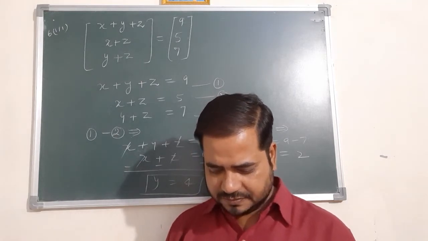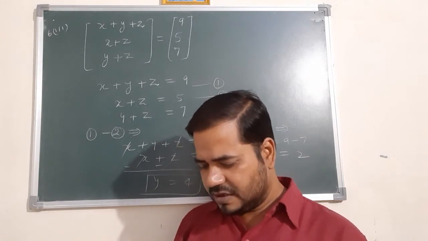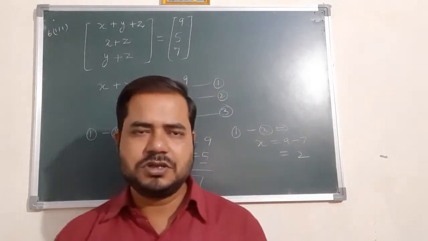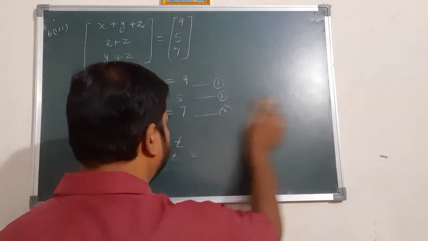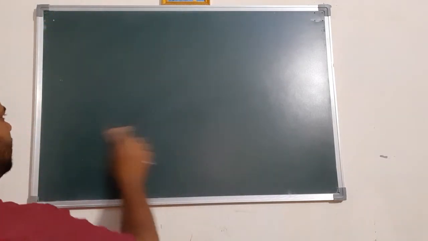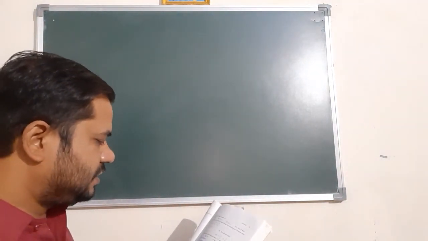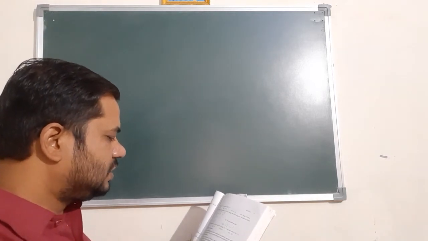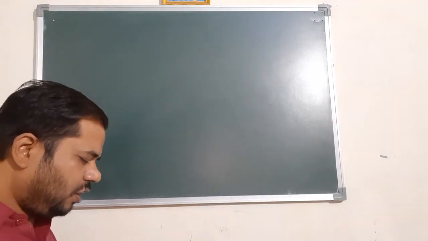Question number 10. The number of all possible matrices of order 3 cross 3 with each entry 0 or 1. This is a most important question, asked many times in board exams, so please be careful. What is the number of all possible matrices of order 3 cross 3 with each entry 0 or 1?